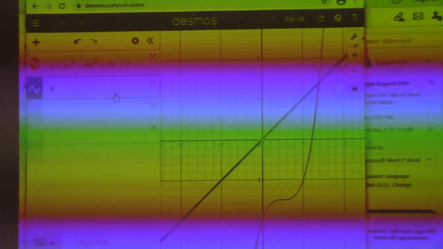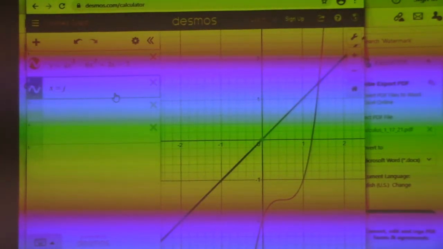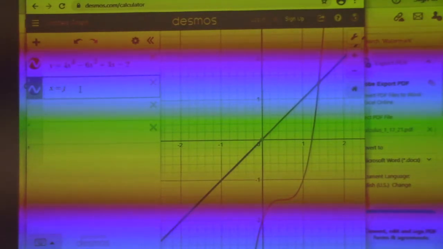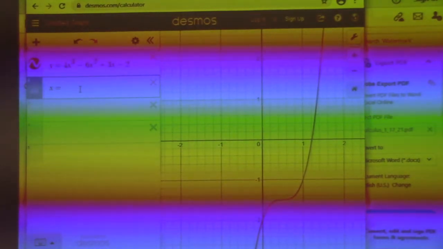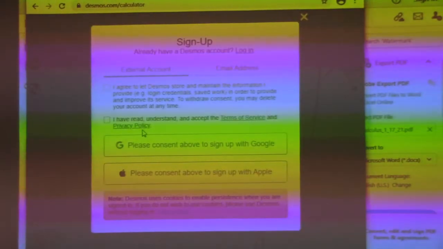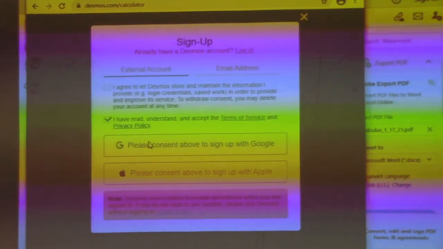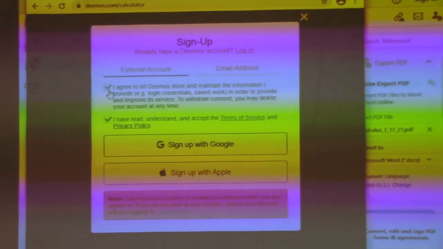It's not behaving normally. Maybe I'm not connected to the internet or something. Usually if you put a letter like that, it'll say add slider. I don't understand why it's not asking me to add slider. Sure, whatever. Fine. Leave me alone.